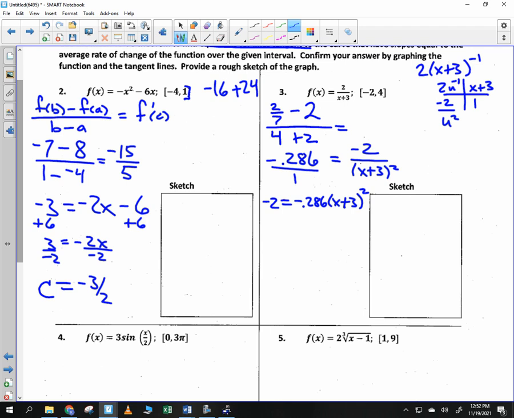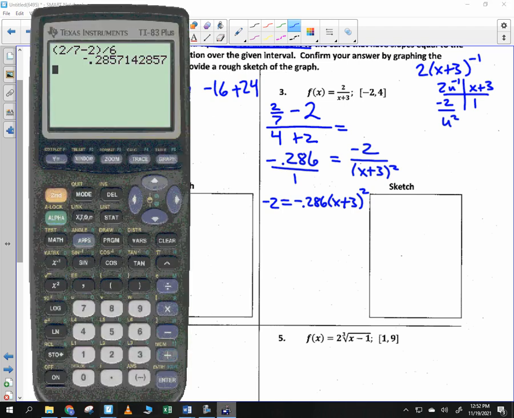What do I do to both sides? Okay, so we're going to take -2 and divide it by -0.286, and I get 6.993. Can we just go 7? Or do you want to go 6.99? What do you want? 7. Okay, 7 is equal to x plus 3 quantity squared. How do you solve that?